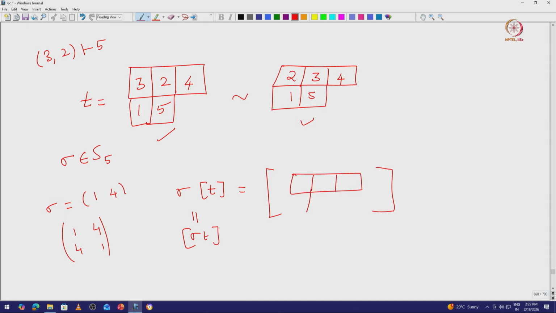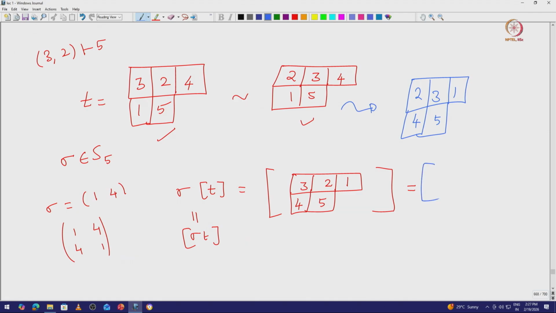So 3 stays as it is, 2 stays as it is, 4 becomes 1, 1 becomes 4, and 5 stays as it is. But applying it on the other representative, 2 stays, 3 stays, 4 goes to 1, 1 goes to 4, and 5 stays.